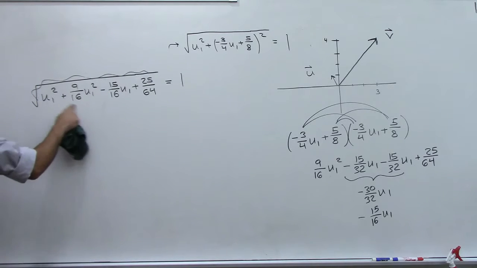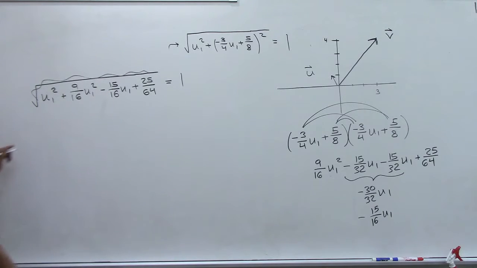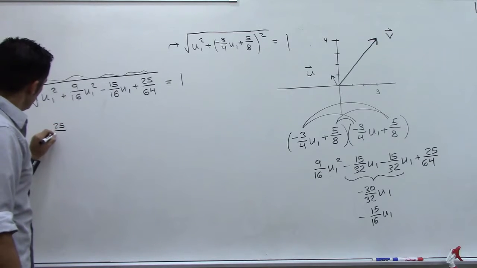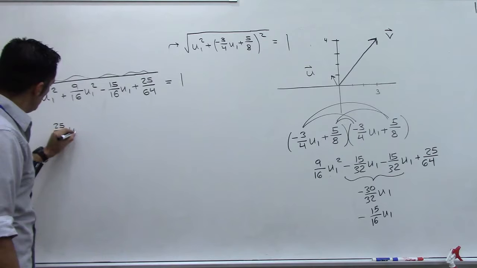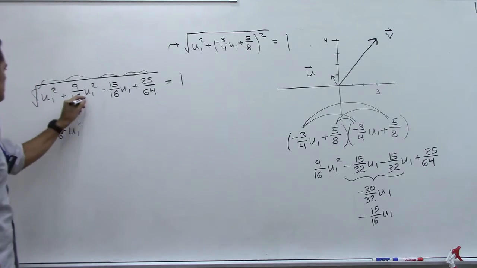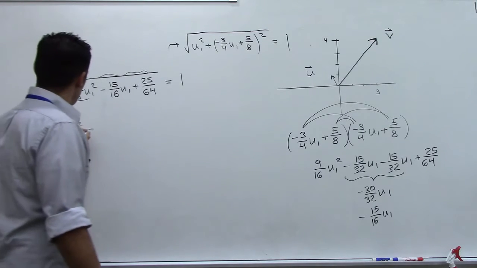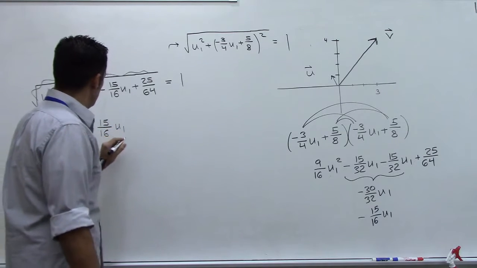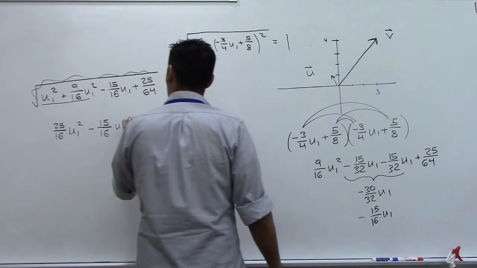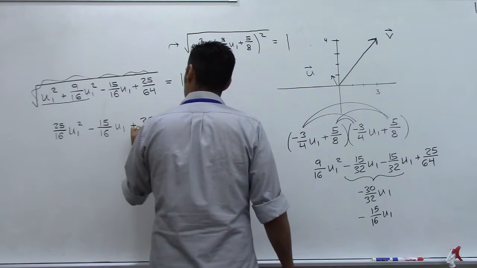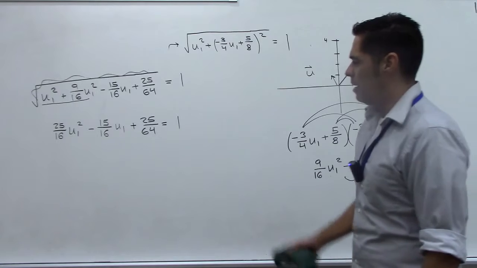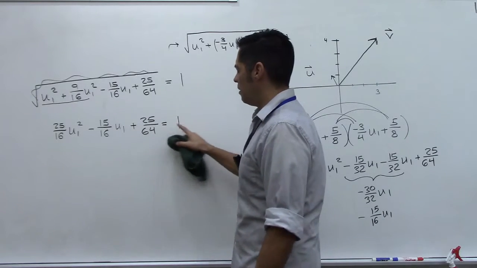So now put these two together, get a common denominator. You should get 25/16 u1 squared. So I just combine those two. And then minus 15/16 u1 plus 25/64 equals 1. And I'll subtract 1 from both sides here.